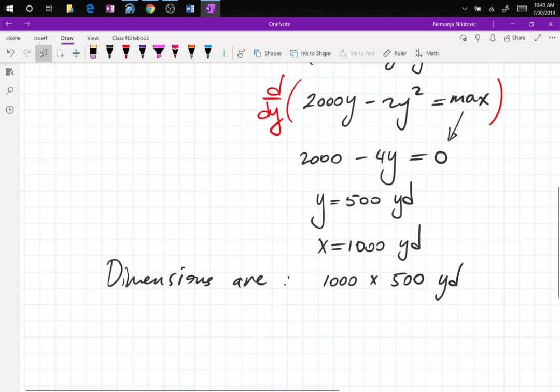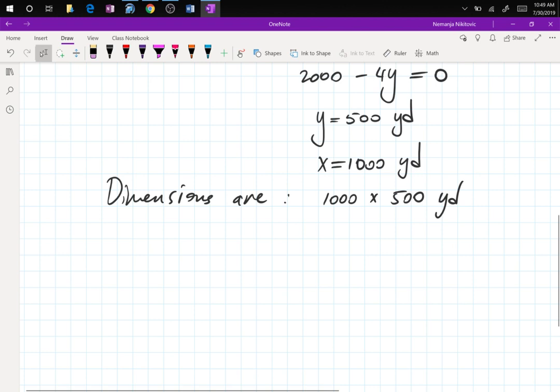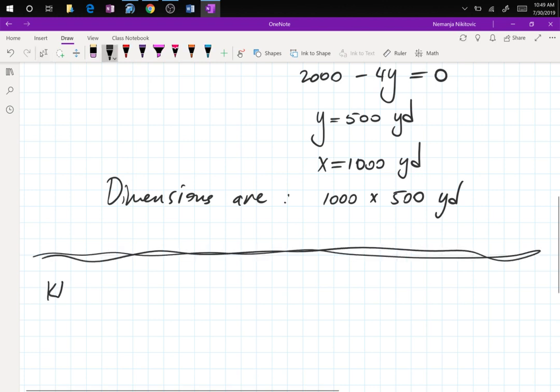Now, once we have the knowledge of what's happening in Calc 1, we're switching to Calc 3, and we are going to do the same calculation, except this time our critical points will be given by partial derivatives. So partial derivatives are the ones that will drive everything.